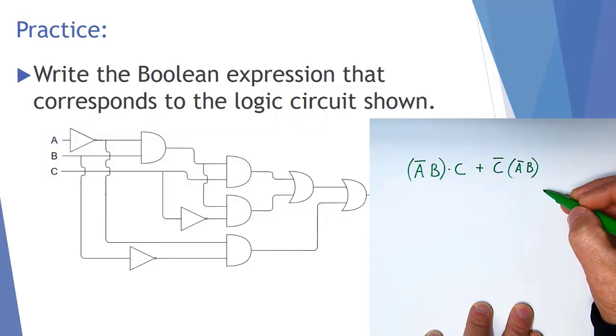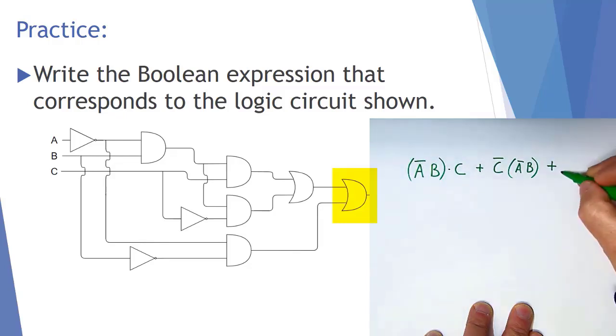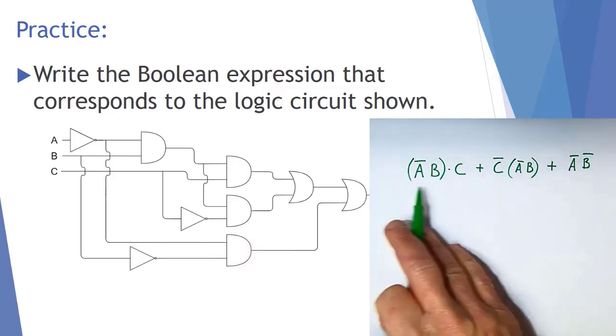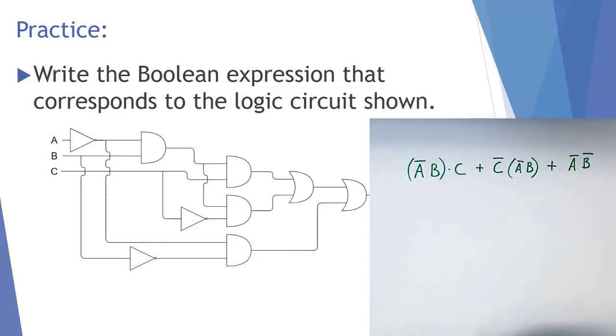Now, as you can see, we've got one more OR gate, so we can add on another alternative path here. And the OR gate is also fed by another AND gate. And the AND gate is fed by the negation of A and the negation of B. And so that'll do it. There's our entire Boolean expression. And hopefully that's what you came up with.